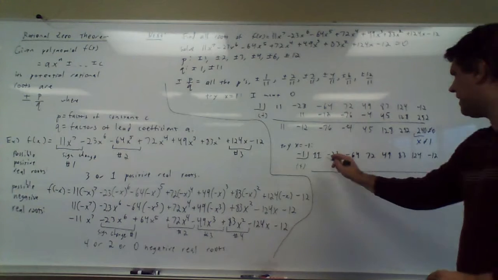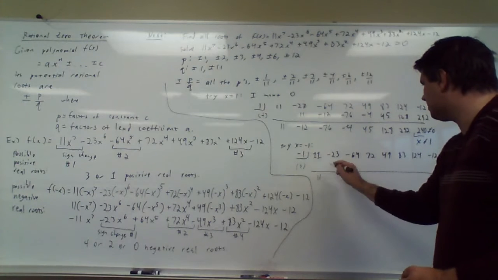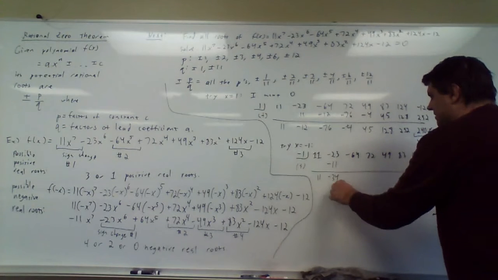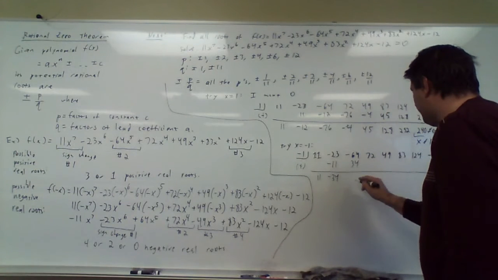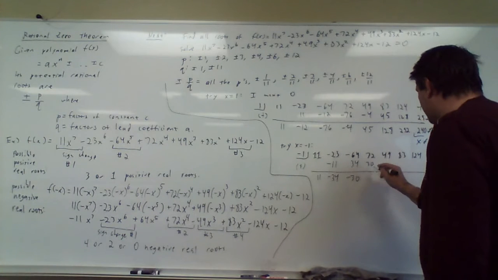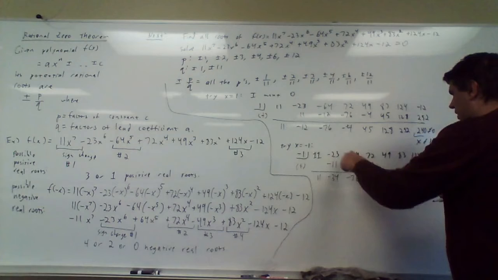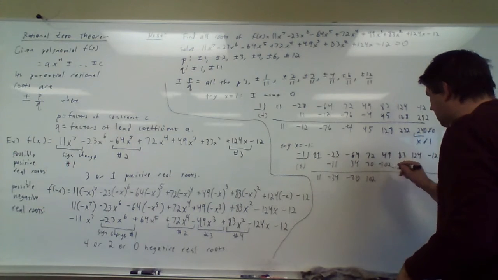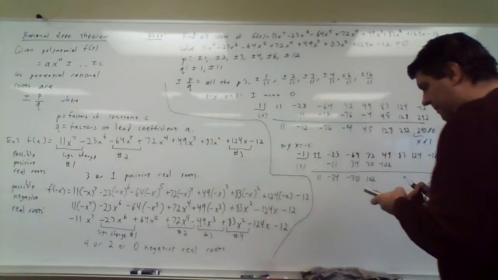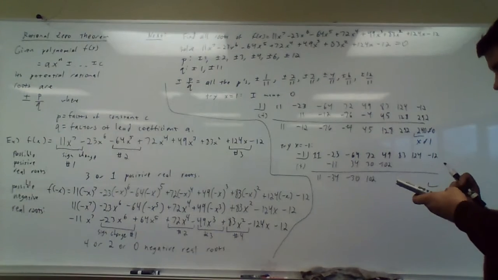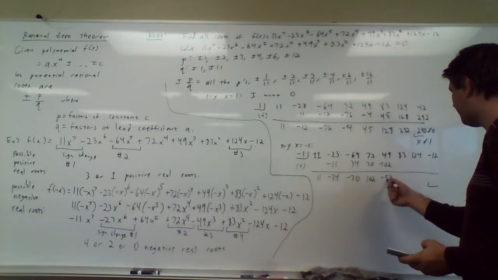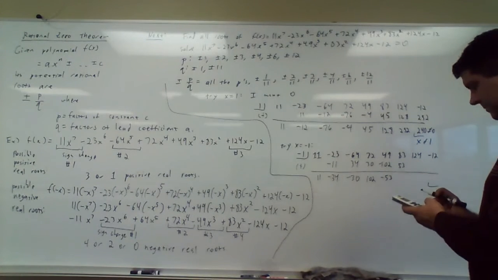All right, so bring down this 11. Negative 1 times 11 is negative 11. That's negative 34. Negative 1 times negative 34 is positive 34. That gives me negative 30. Negative 1 times negative 30 is positive 30. That's 102. Negative 1 times 102 is negative 102. I'm going to grab a calculator for that. 49 minus 102 is negative 53. Negative 1 times negative 53 is positive 53.